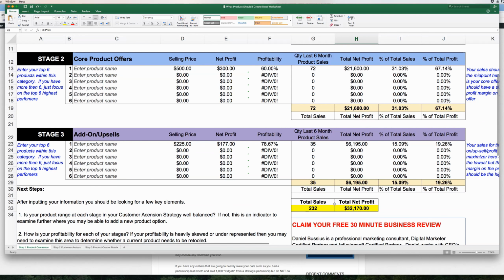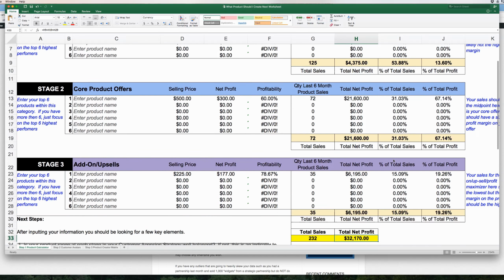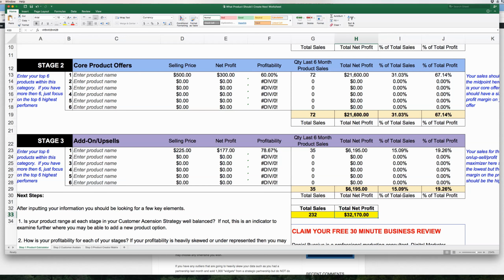And then what's going to happen is it's going to total up for you automatically your total amount of sales over the last 6 months and your total net profit over the last 6 months. And by the way, these are completely made up numbers, okay? And so you'll see right here, this percentage is going to tell you the percent of your total sales. And once you start inputting more things, it's going to show you the percent of total sales based off of that category.